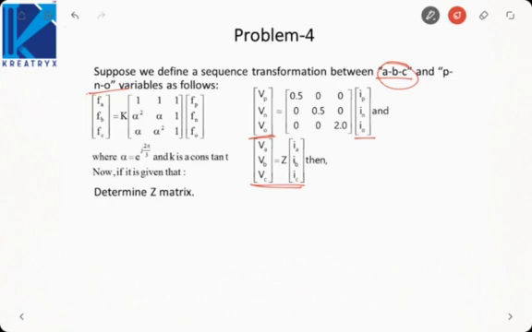Now, we know that Fa, Fb, Fc is given by this matrix.